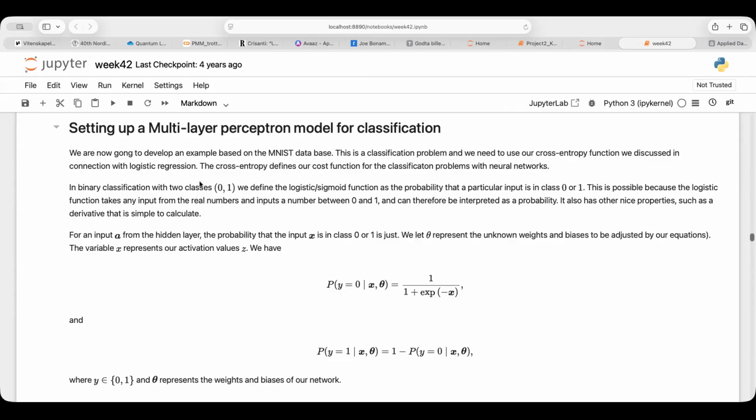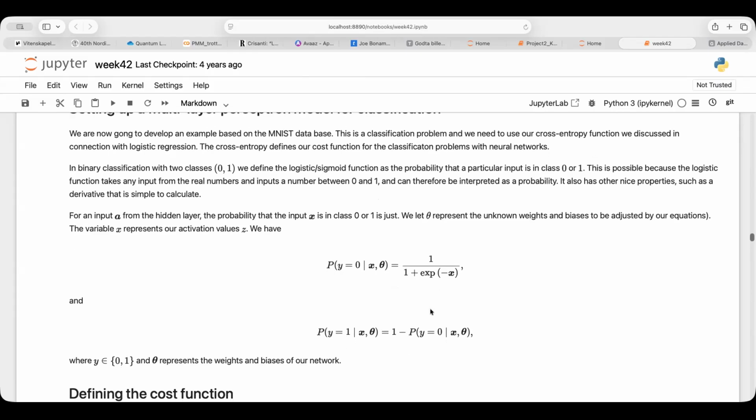So in a binary classification problem, you would typically have 2 classes, and then the output would be 0 and 1, typically. And then you would have a probability distribution for y equals 0, which could be the sigmoid function, and y equals 1, which is simply 1 minus this one. And these 2 probabilities sum to 1.